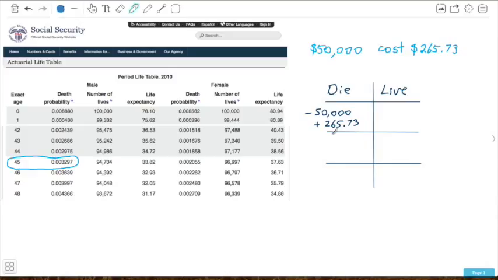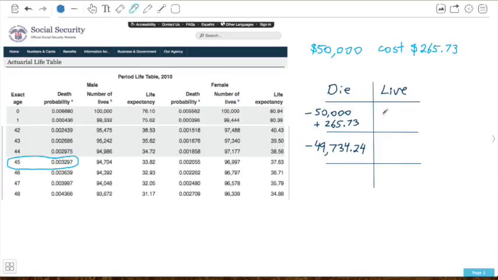So total-wise, let's see, that's 50,000 minus 265.73. So they'll be losing, let's see, $49,734.27. The insurance company will be out that much money.